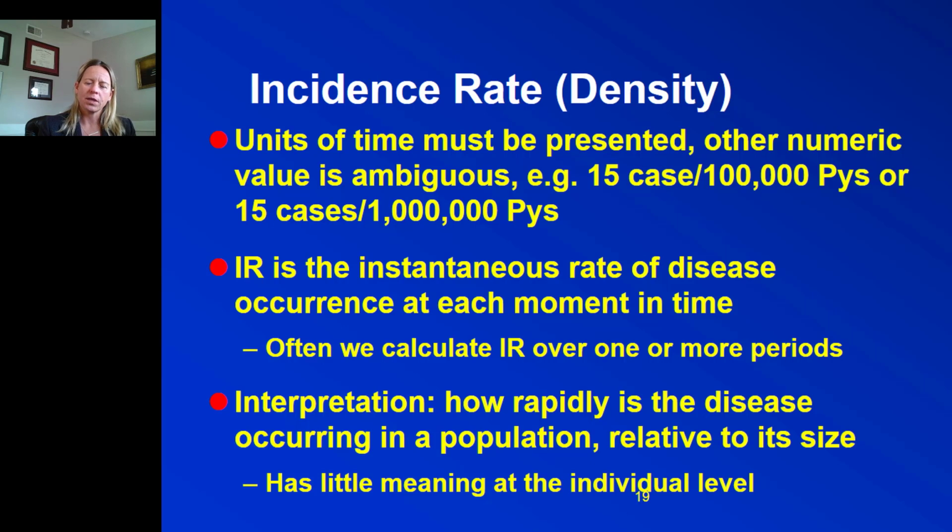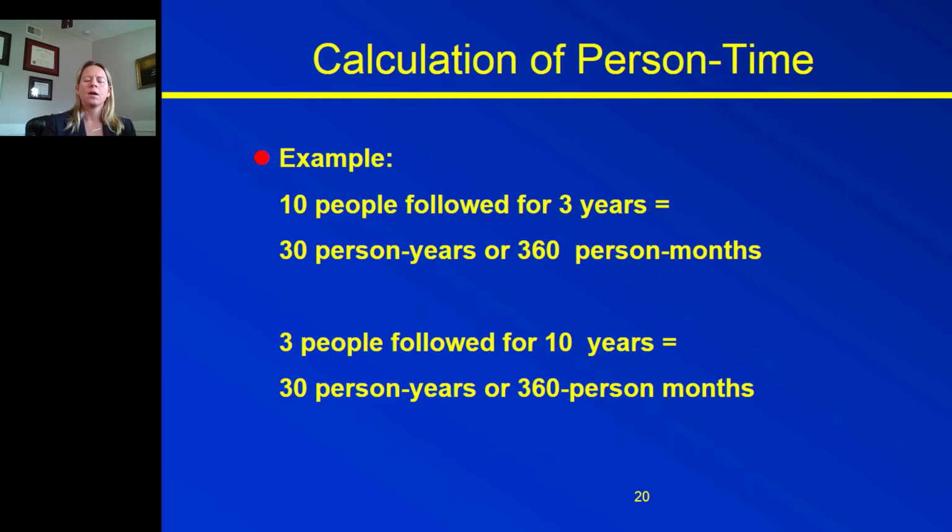One could interpret the incidence rate as how rapidly the disease is occurring in a population relative to the population size. Now, the way we calculate person time is shown here with a simple example. Imagine you have 10 people followed for 3 years. That calculates out to 30 person years or 360 person months. But you could also have 3 people followed for 10 years, giving you the same amount of person time.